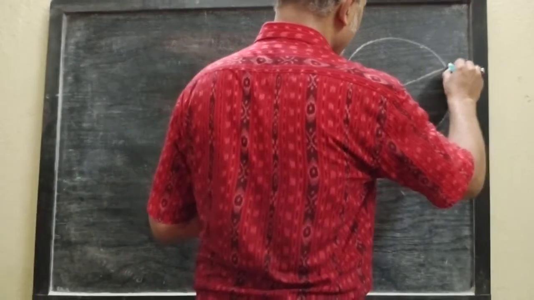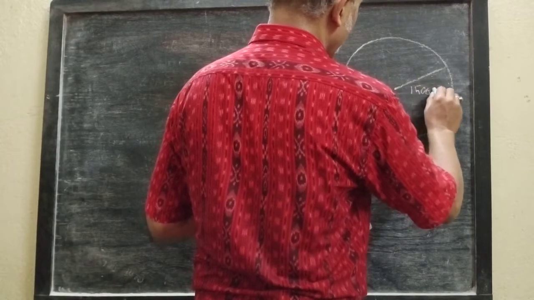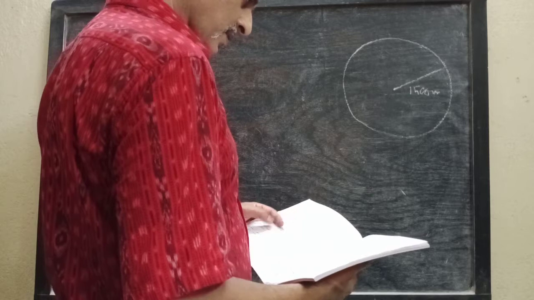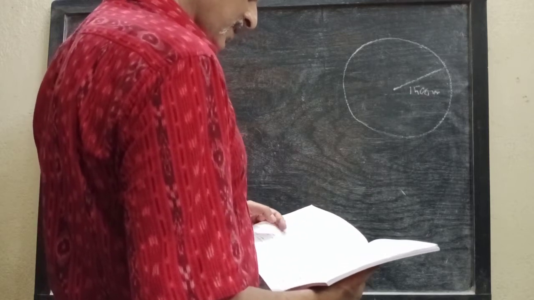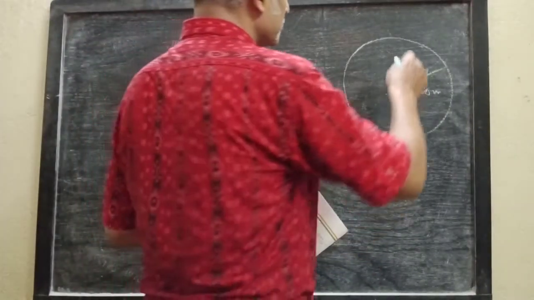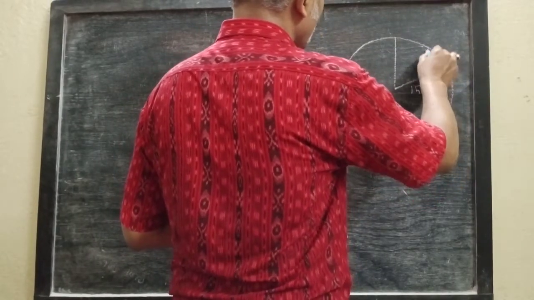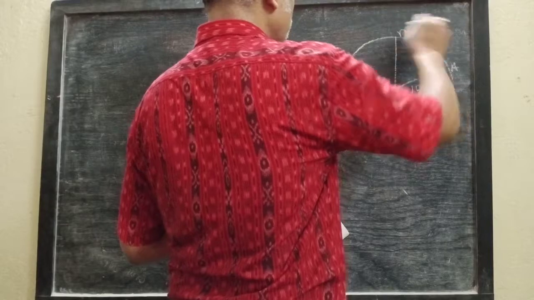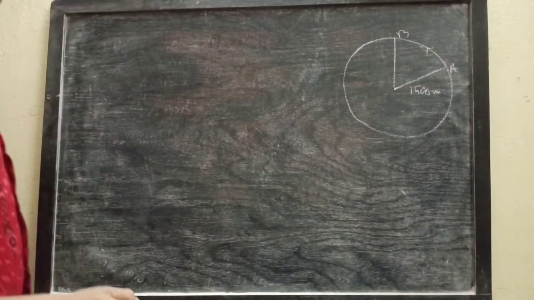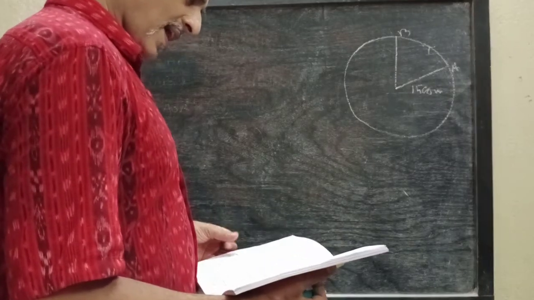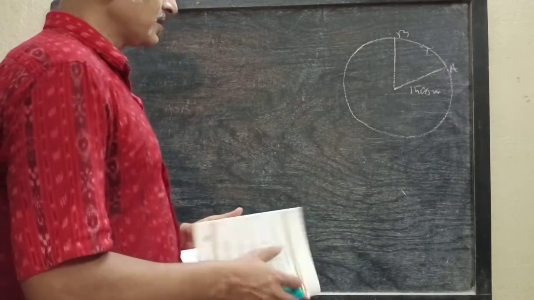The track has radius 1500 meters. Suppose in 10 seconds the train moves from A to B. So we first find the length of the arc AB. Then only we can find the angle it has turned in 10 seconds.